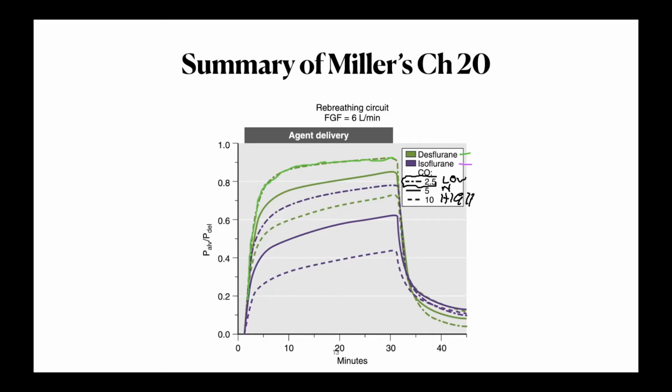And when you have high cardiac output, it takes much longer to reach equilibration. So a high cardiac output here, I'll just draw with a red line, comes down here. I use the term equilibration because what we're looking at is the partial pressure of the alveolus trying to equilibrate with the circuit.